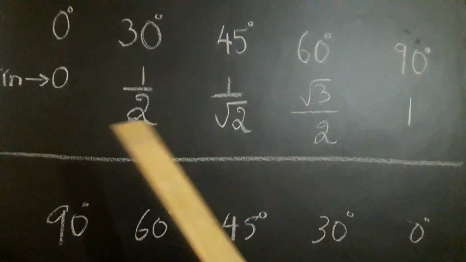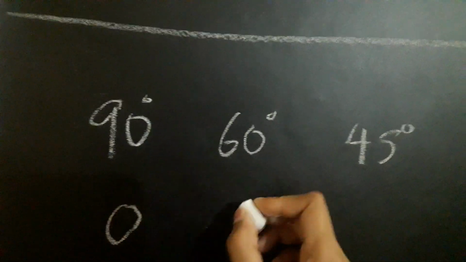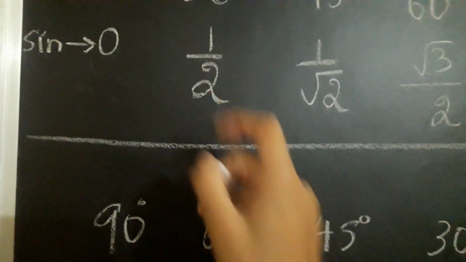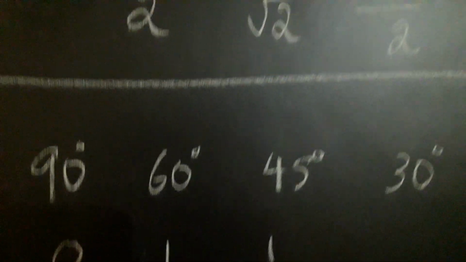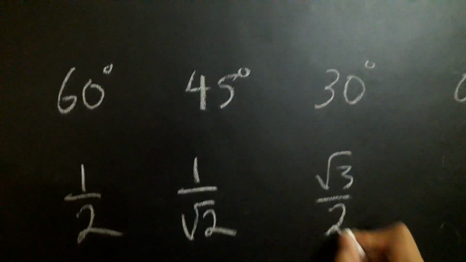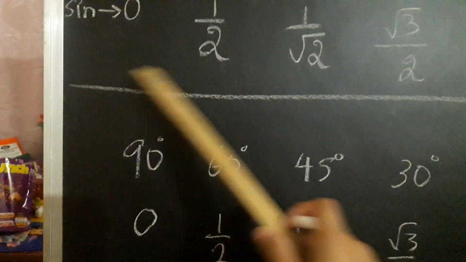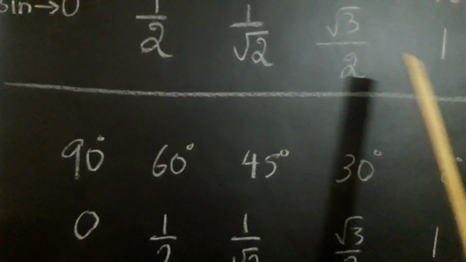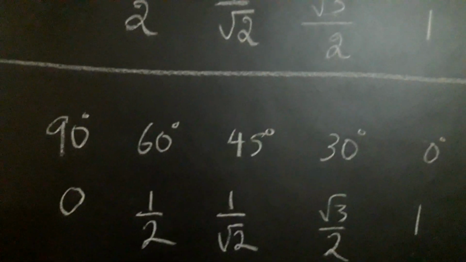Now I'll copy the same values down here: 0, a half, 1 divided by root 2, root 3 by 2, and then 1. I've just copied the same set I derived, but I'm writing the angles in the descending, reverse order.